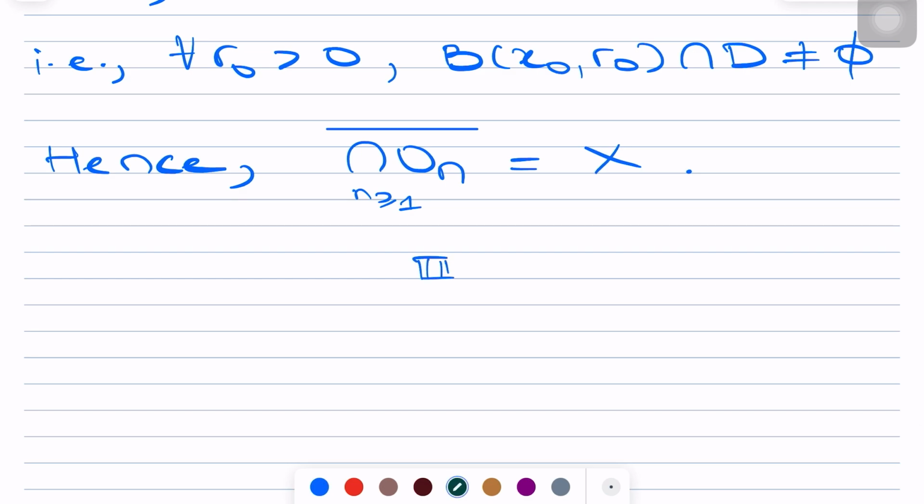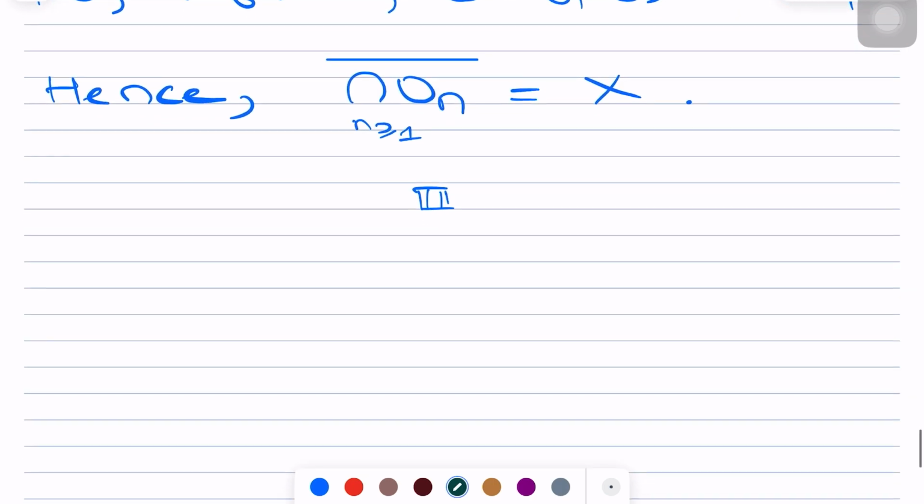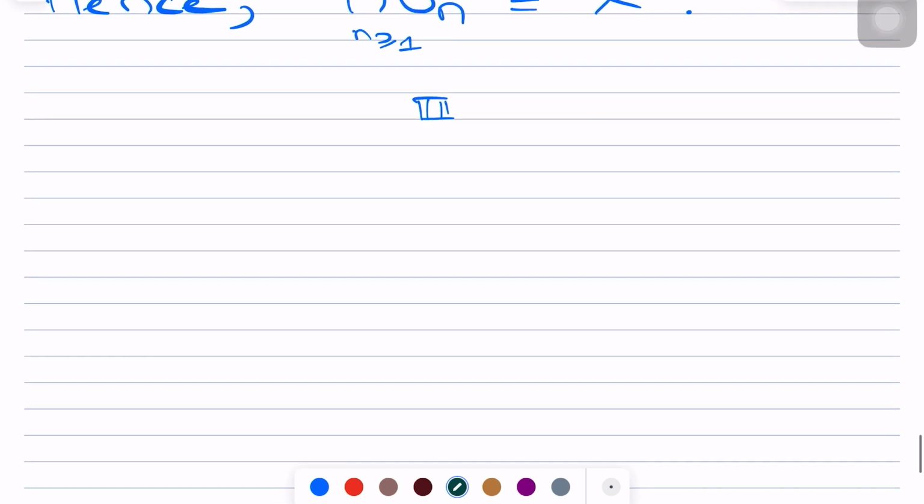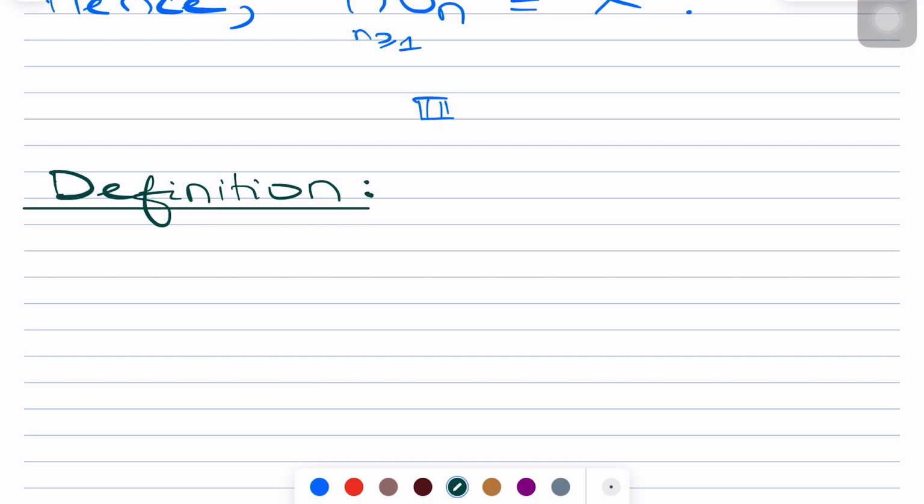Now to move further, let's recall some old vocabulary, right? Let's take some definitions.